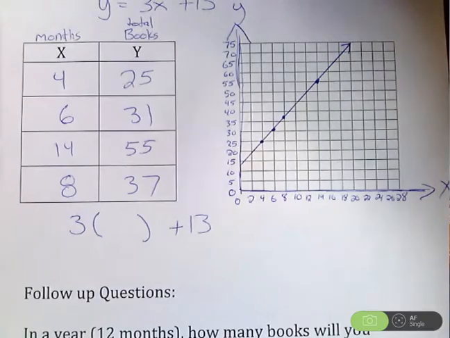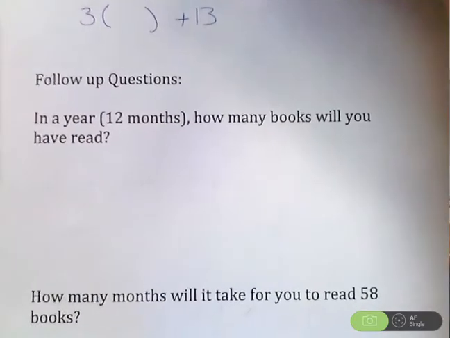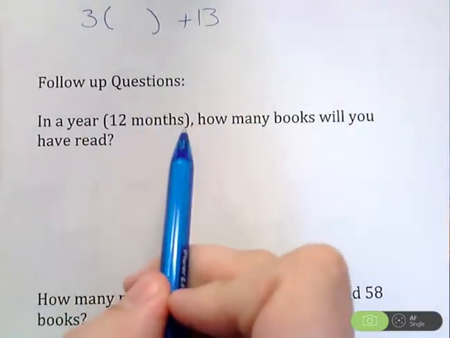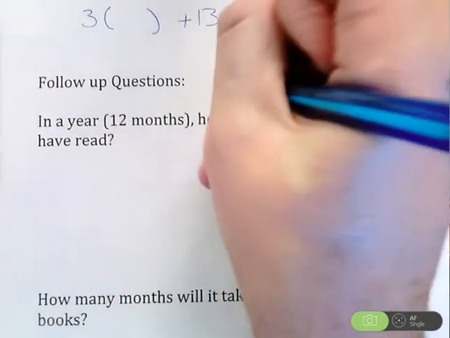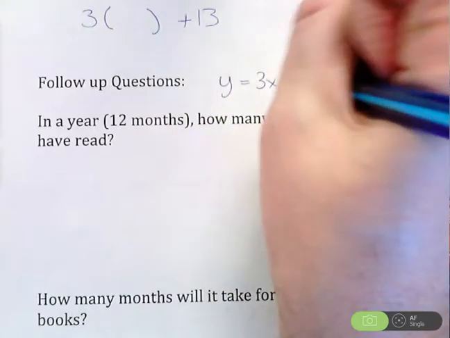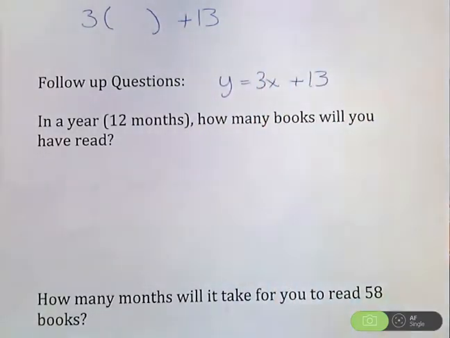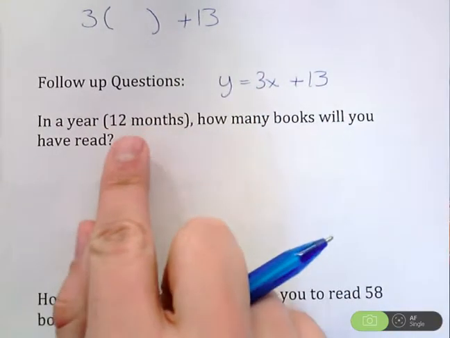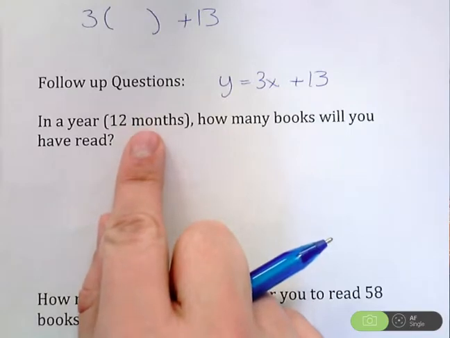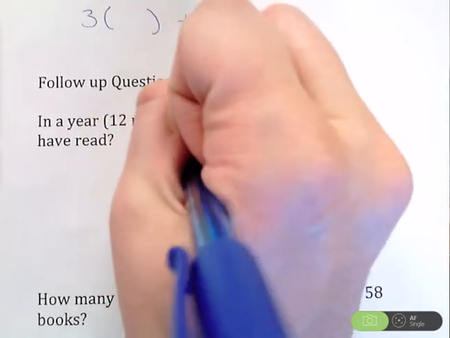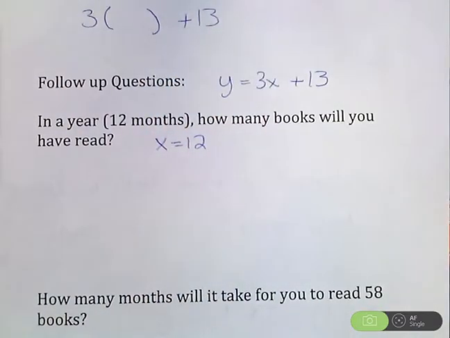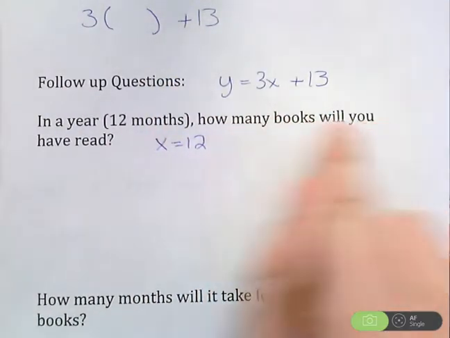A few follow-up questions here. First one, in a year, which is 12 months, how many books will you have read? So remember, we have this equation y equals 3x plus 13. Well, they gave us a number here in a year, which is 12 months. Remember, we defined months as x. So they're saying when x equals 12, how many books will you have read?